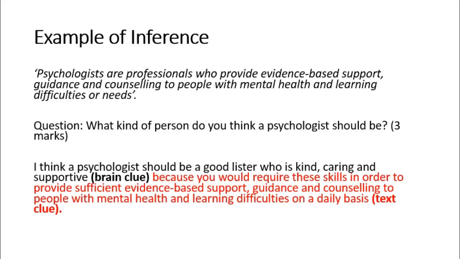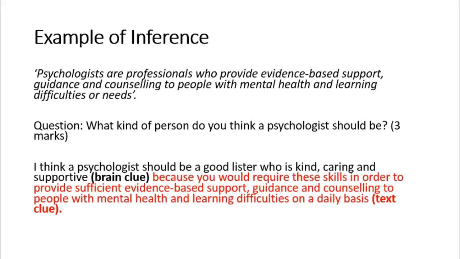So I would get the student to think about those marks and think about the fact that 1 mark is going to be for their brain clue, what they think, and 2 marks are going to be for the text clue, which means they need to find 2 clues within the text to back up what they think. So in this case, the student has said, I think a psychologist should be a good listener who is kind, caring, and supportive.